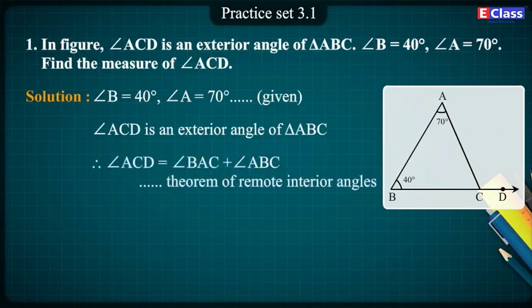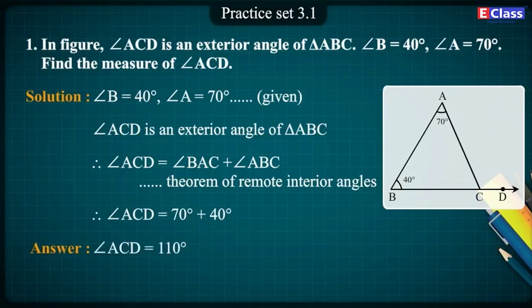Therefore, angle ACD is equal to angle BAC plus angle ABC by theorem of remote interior angles. Therefore, angle ACD is equal to 70 degrees plus 40 degrees. Answer. Angle ACD is equal to 110 degrees.